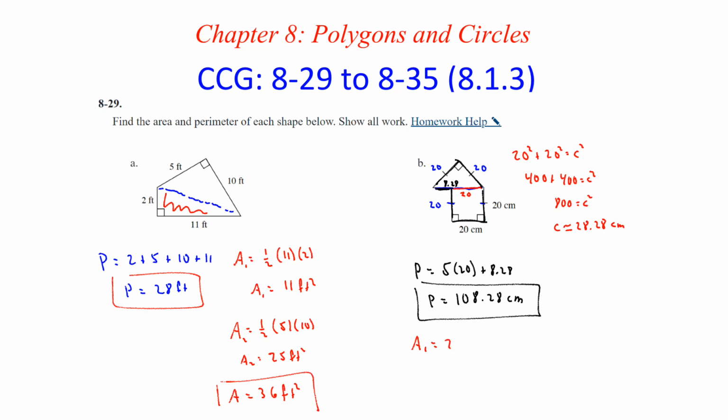We have the area of the square, which is 20 times 20, or 400. And then the area of the triangle is 1/2 base times height. And so the area of the second one would be half of 400, and then that would be 200. So when you add those two up, we get a total area of 600 square centimeters.